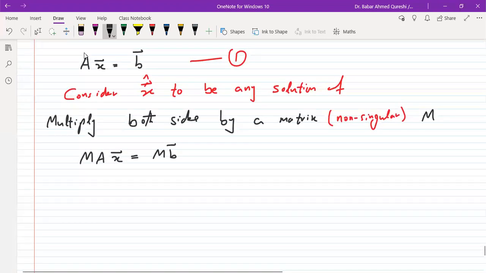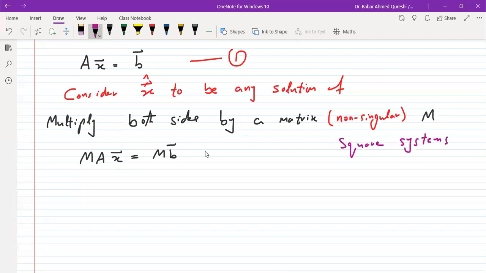I'm considering over here square systems. So this will give me some new matrix, M times A. Let's call it N. And when I multiply this column with a matrix, I'm going to get back another column.